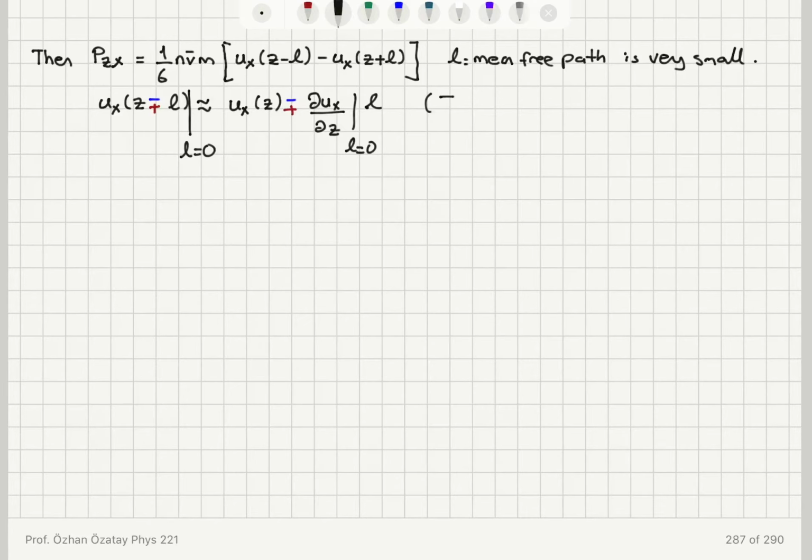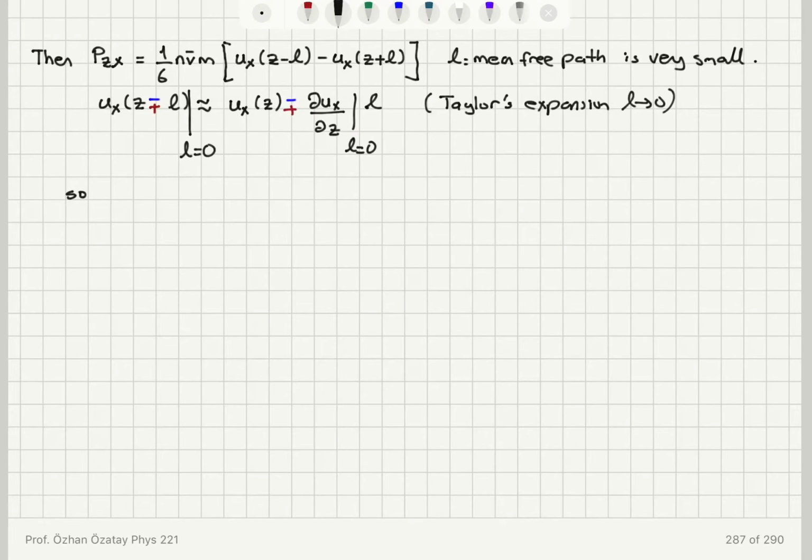So this is basically Taylor series, Taylor's expansion for small L.